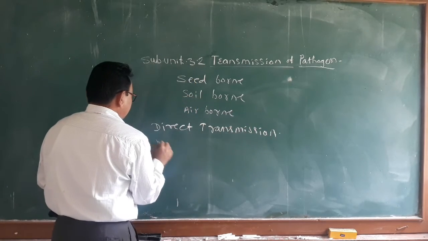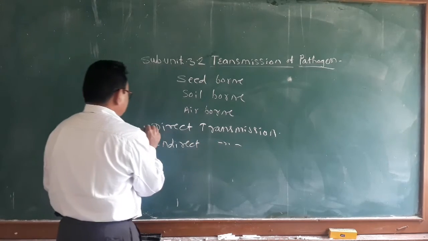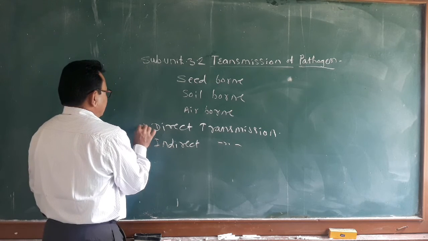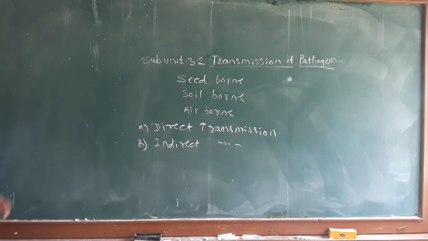The direct transmission takes place through the seeds and vegetative parts. Indirect transmission takes place by autonomous agents, that is by wind, water, animals or human beings also.